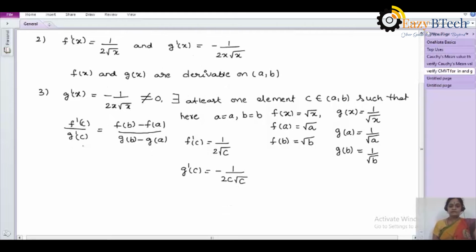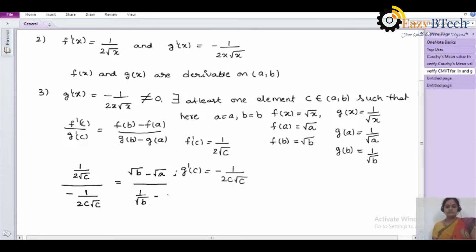Now substituting all the values. First, f dash of c, that means 1 by 2 root c divided by g dash of c, minus 1 by 2c root c, is equal to f of b, root b, minus f of a, root a, divided by g of b, 1 by root b, minus g of a, 1 by root a.